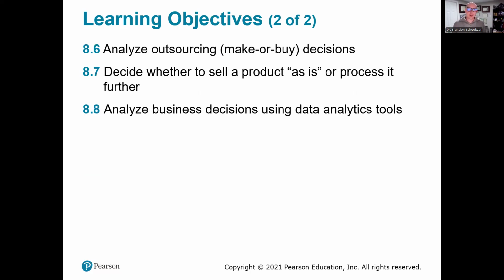We'll look at the decision of outsourcing, whether we make the product in-house or we purchase it from somewhere else. We will look at whether to sell a product as is or process it further. And we'll also do some data analytics.